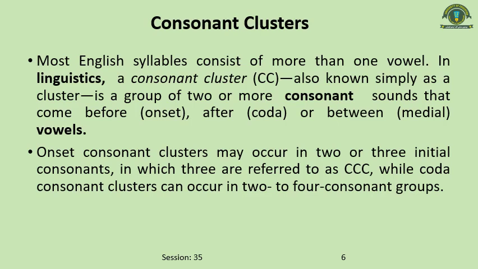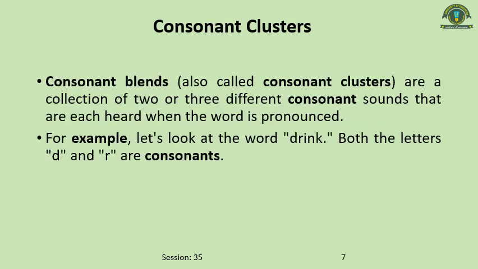So that is known as a consonant cluster, which is a group of two or more consonant sounds that come before, after, or between vowels. Is it clear? Now, what I said in the previous slide is an elaboration. Consonant blends, also known as consonant clusters, are a collection of two or three different consonant sounds that are each heard when the word is pronounced.